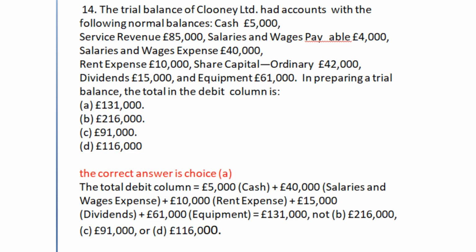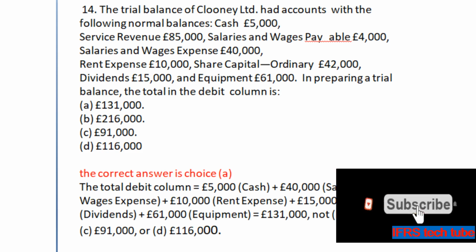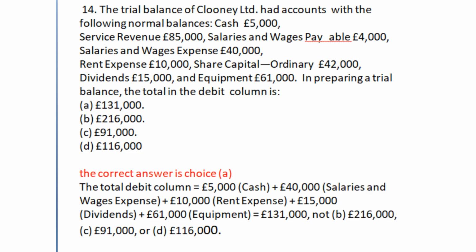In preparing a trial balance, the total in the debit column is A. £131,000, B. £216,000, C. £91,000, D. £116,000. The correct answer is choice A.